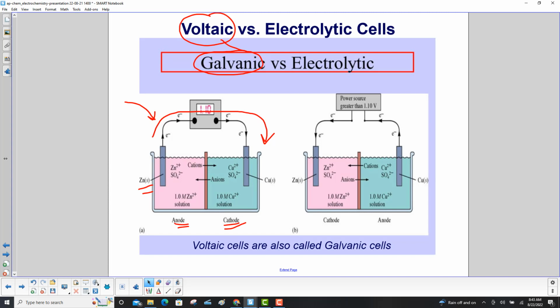Now, when we look at the other one, electrolytic, what's the difference here? We have a power source greater than 1.10 volts. That will drive the electrons this way, which will also switch which is the cathode and which is the anode. Now, the copper is the anode and the zinc is the cathode.